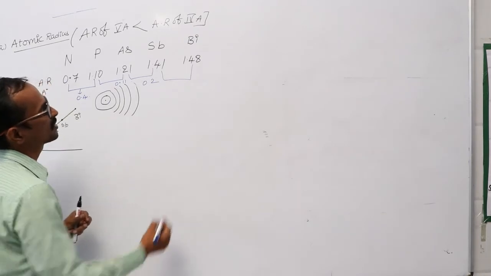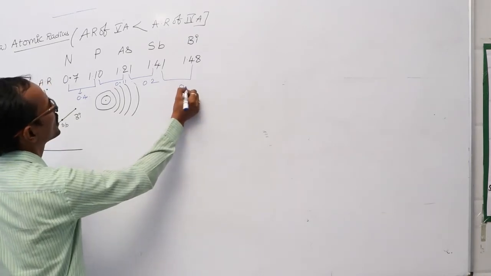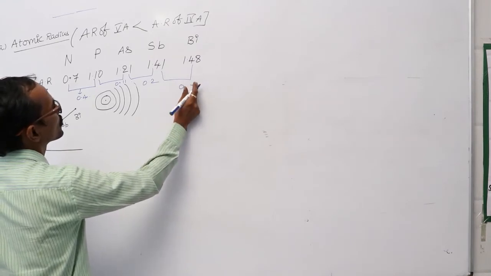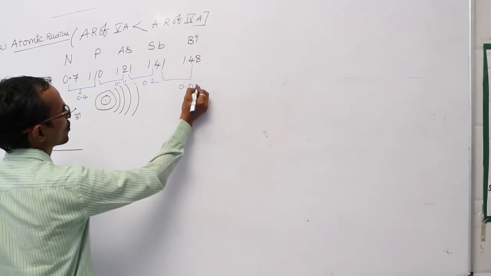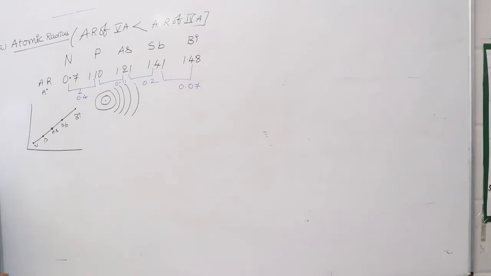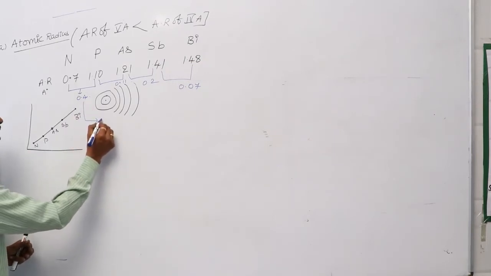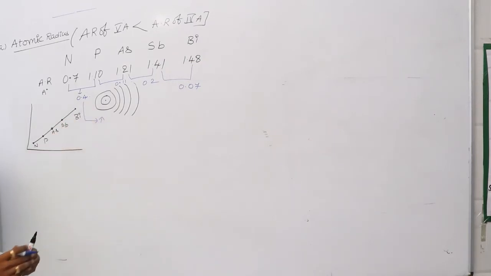From antimony to bismuth, just 0.07 angstroms, only 0.07 angstroms increase. So from nitrogen to phosphorus, a considerable increase in the atomic radius is observed.